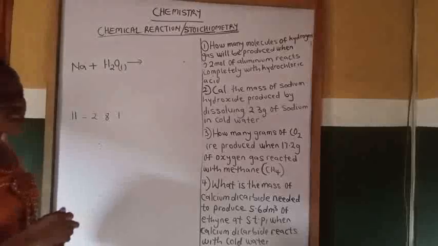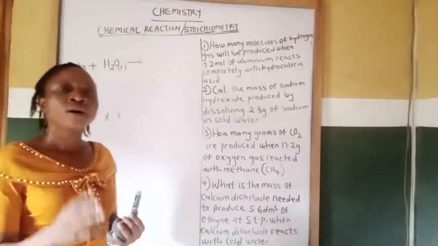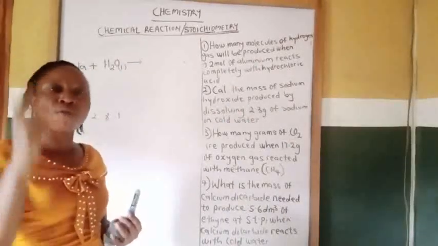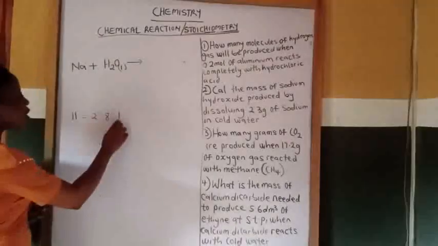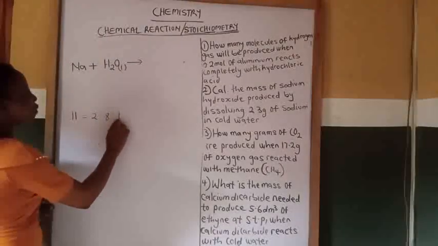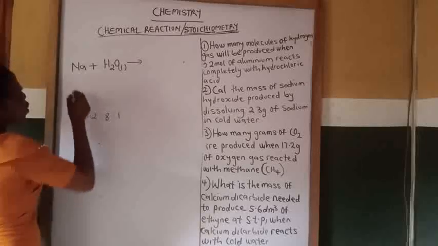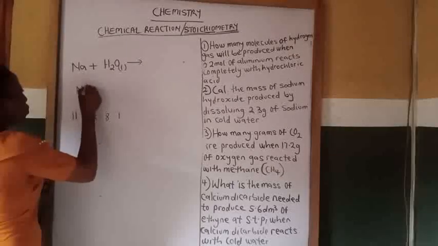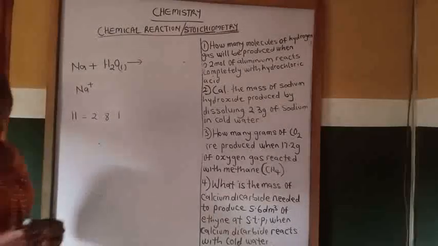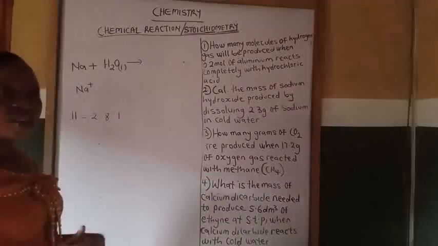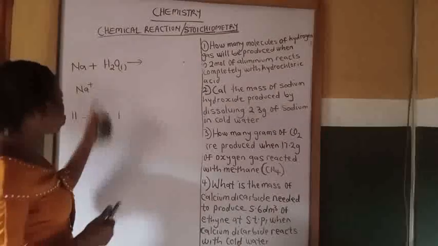Now don't forget that those elements with valence electron of 1, 2, and 3 are positively charged. So the number of valence electron for sodium is 1. So therefore, the charge on sodium will be +1. We don't always write it as +1. It is plus. So plus means +1.